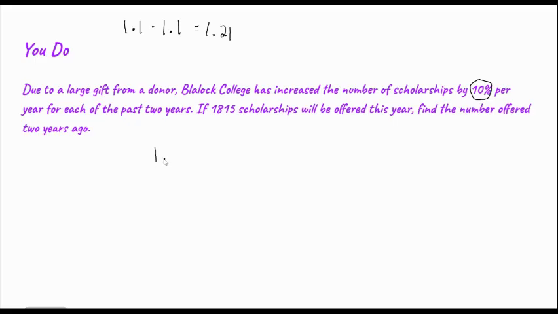So 1.21x equals 1,815 divided by 1.21. So 1,815 divided by 1.21 is 1,500. So x equals 1,500.